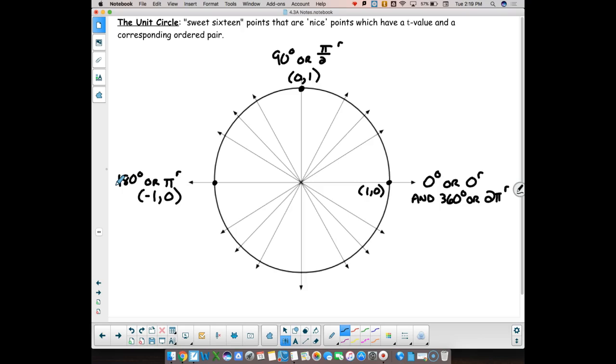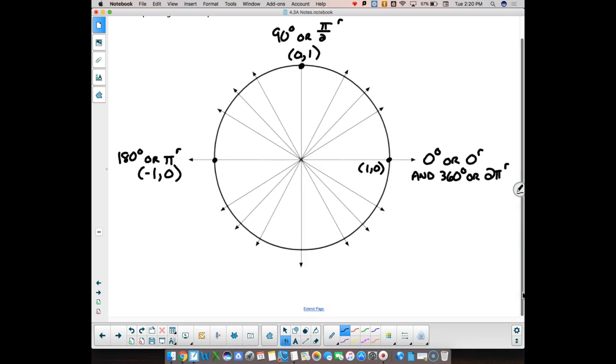1 more nice one. Where is 3 pi over 2? And that's radians, right? Okay. Degrees, it would be 270 degrees. Do we agree with that? Okay, so down here we have a point on the unit circle. It's at 270 degrees, or 3 pi over 2 radians.